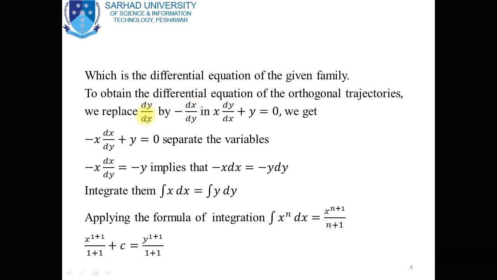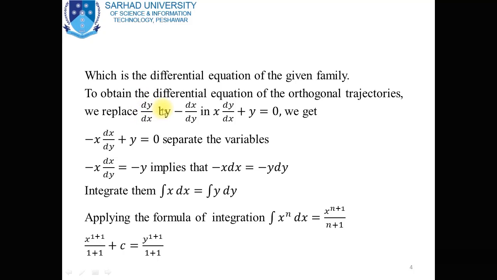Why do we replace dy by dx with minus dx by dy? Because we know that when two geometrical figures are perpendicular, then their slopes are negative reciprocals. dy by dx actually represents the slope.